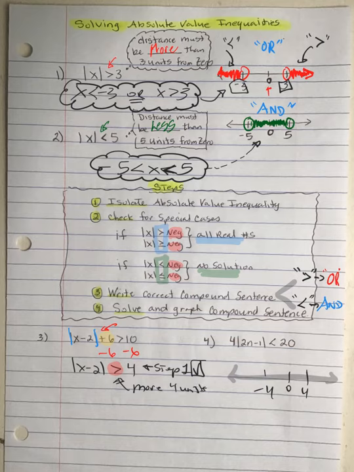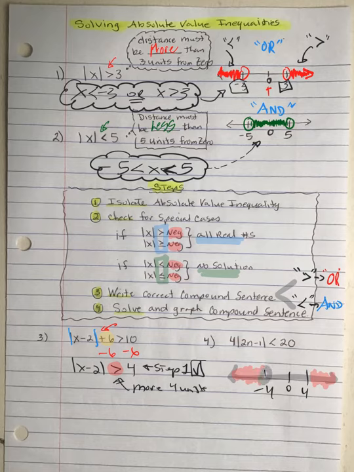Would you be standing in between -4 and 4, or would you have to be on the outside of -4 and 4? So think about where you would have to be standing if you were going to be more than 4 units from 0. Hopefully you said you'd have to be standing on the outside of -4 and 4. It's hopefully what you were thinking.